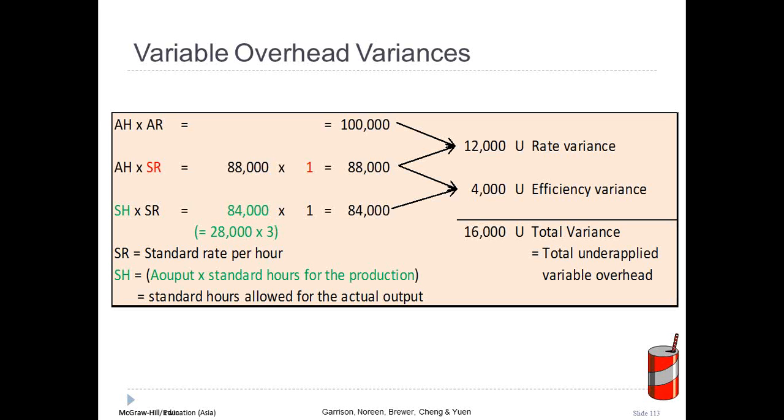The total unfavorable variable overhead variance of $16,000 is a combination of the rate and efficiency variances. It is also the difference between the actual spending and the applied variable overhead, implying the under-applied variable overhead of $16,000.